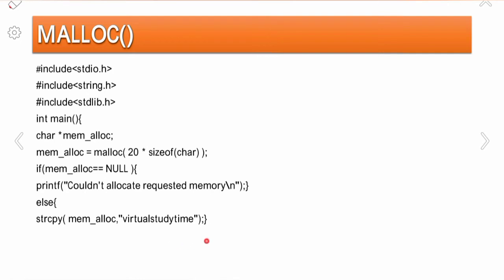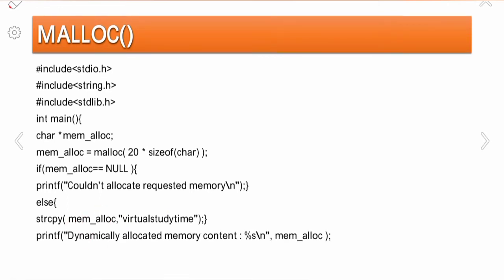If the memory allocation equals null, that means the space in the heap is full, so it could not allocate the requested memory. And if the memory is available in the heap, then we copy the text "virtual study time" to the memory allocation character. It will print the dynamically allocated memory content, so it will print the text on the screen.